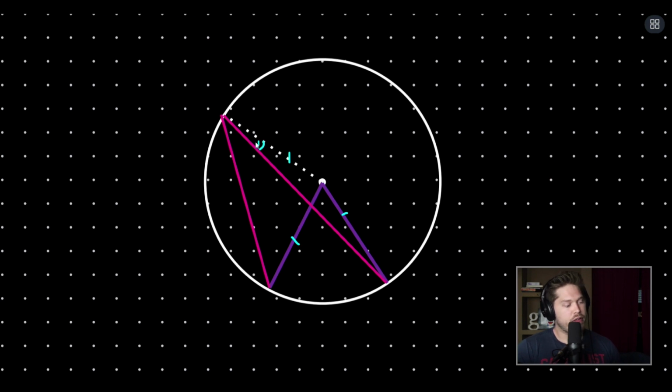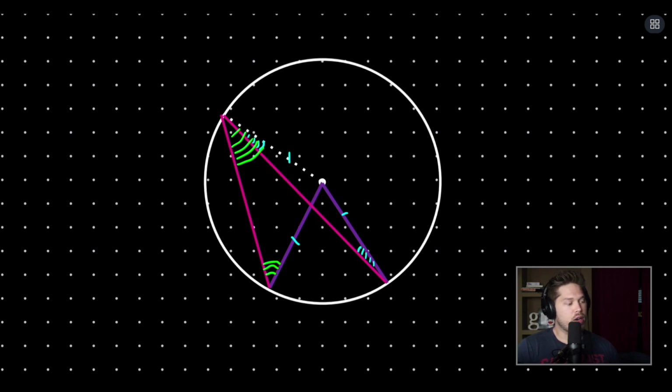Therefore, by definition of an isosceles triangle, this angle is congruent to this angle. And similarly, this green angle is congruent to this other green angle here. So notice that this green angle overlaps with that blue angle.